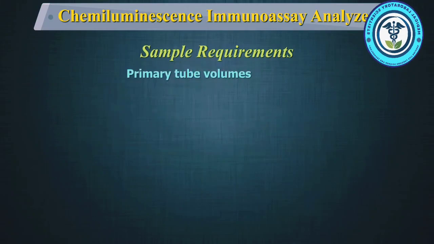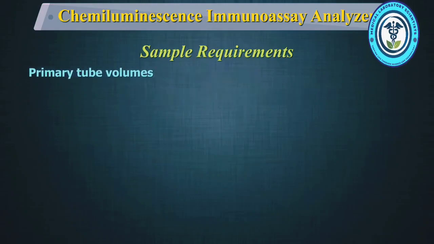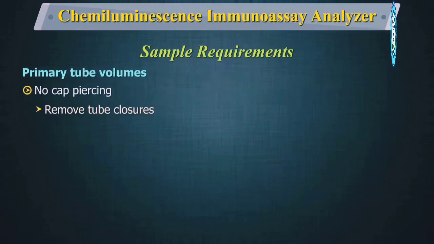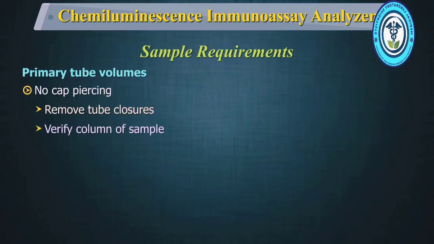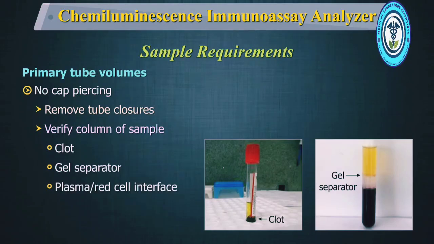Primary tube volumes. When using primary tubes, determine if your equipment has a cap piercing mechanism. If not, then remove any tube closures and verify from the user manual the column of sample that should be available above the clot, gel separator, or plasma or red cell interface.